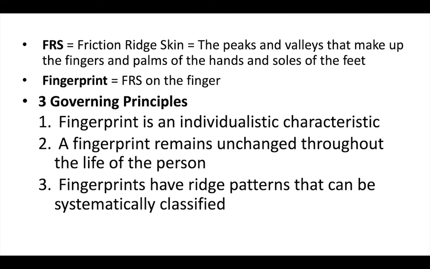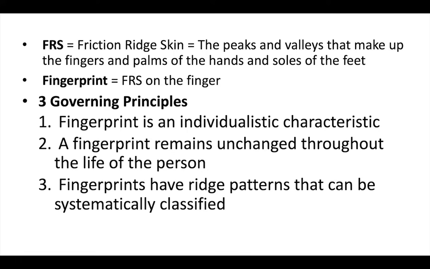And there are 3 governing principles that govern fingerprints. Number 1, a fingerprint is an individualistic characteristic. In other words, no 2 fingerprints are the same. Even between your right index finger and your left index finger, for example. Even between 2 identical twins, no 2 fingerprints are the same.